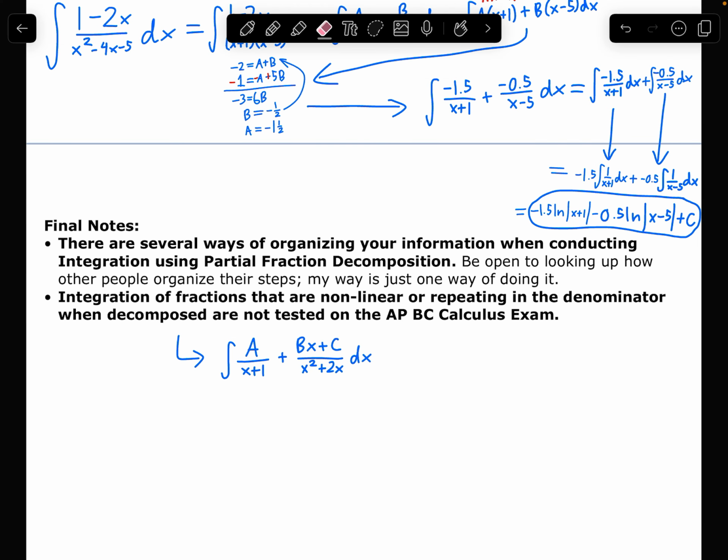And last but not least, integration of fractions that are not linear or repeating in the denominator when decomposed are not tested on the AP BC calculus exam.